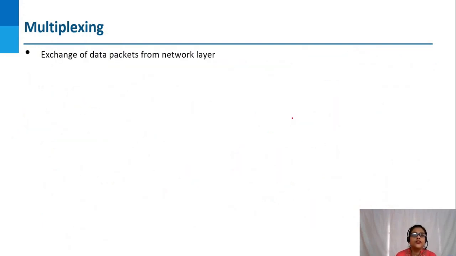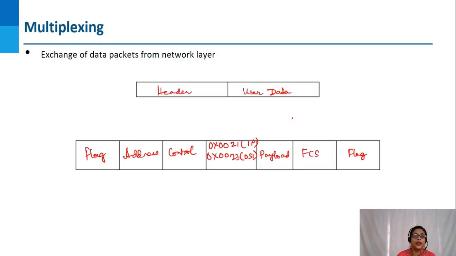For exchange of data packets from the network layer, the packet format is like this. The IP packet format goes like this. There is a header part as usual and the user data part, which is basically the payload part plus padding.